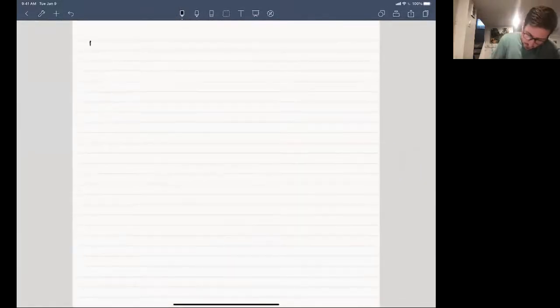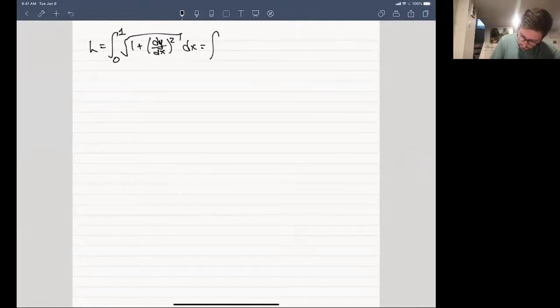So the formula tells us that the length here is now given by the integral from a to b, 0 to 1, of the square root of 1 plus, now the derivative squared, we might as well write it just so that we've got it somewhere for us. The integral from 0 to 1 of the square root of 1 plus 8x.